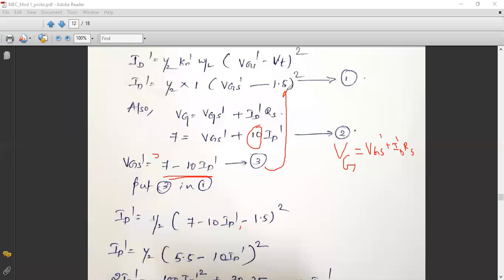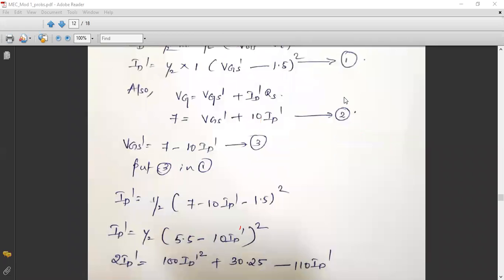Now substitute equation 3 in 1 and make a quadratic equation, and all of you solve for ID dash. Substitute 3 in 1.